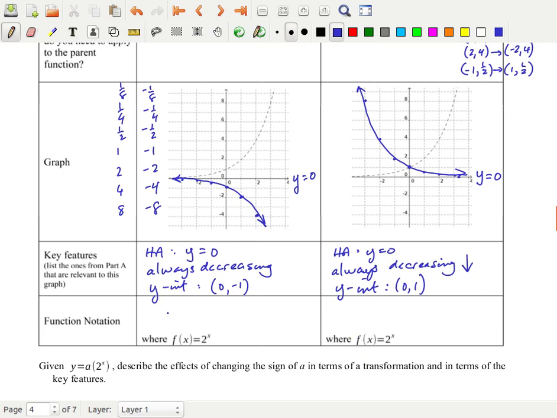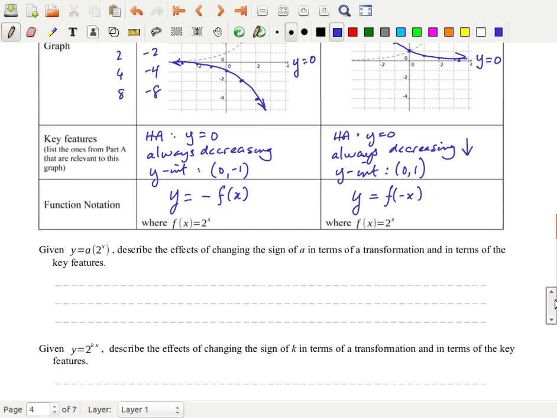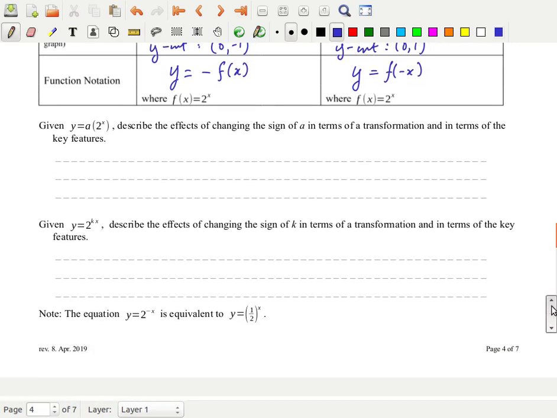In function notation, we end up with y equals negative f of x, and for the horizontal reflection it's f of negative x. Given a times 2 to the x, describe the effects of changing the sign of a in terms of transformation.